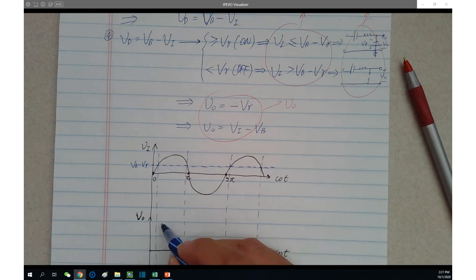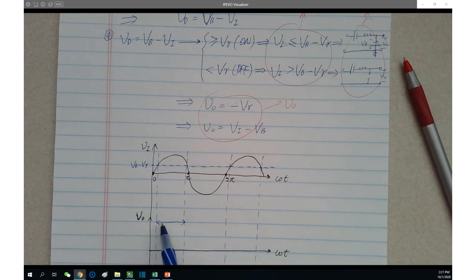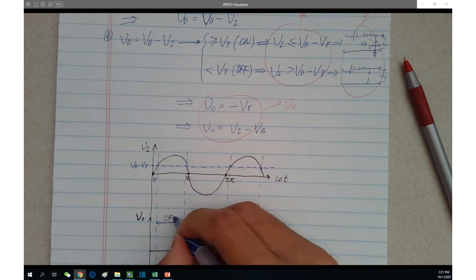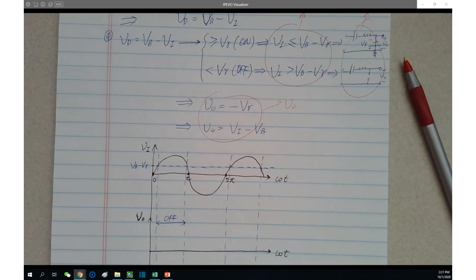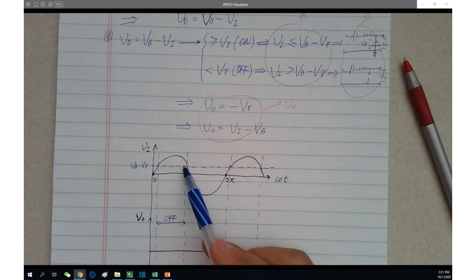Obviously, in this range, the diode is on or off? In this range. Anyone? That would be off. Very good. Off. Why is it off? Vi is beyond VB minus V gamma. It's greater than that.